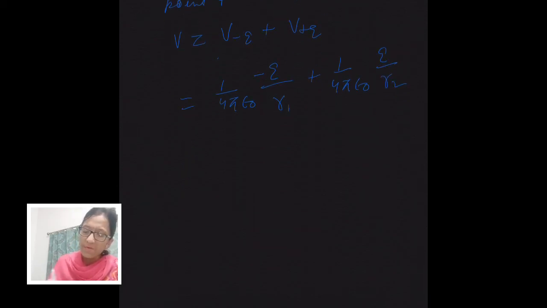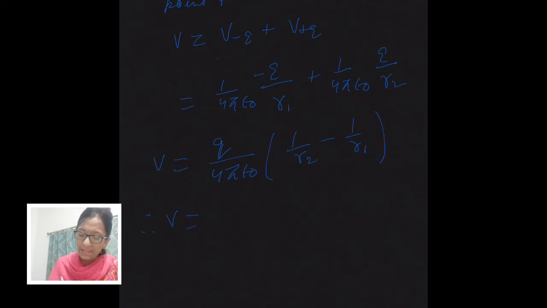So let us simplify this. This becomes 1 upon 4 pi epsilon naught. Let me take q also outside, and 1 upon r2 minus 1 upon r1.